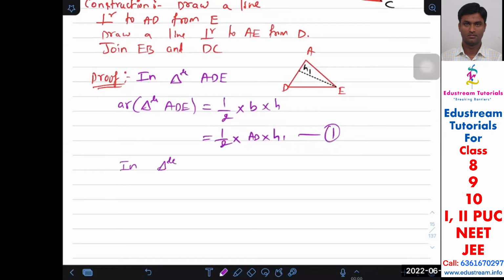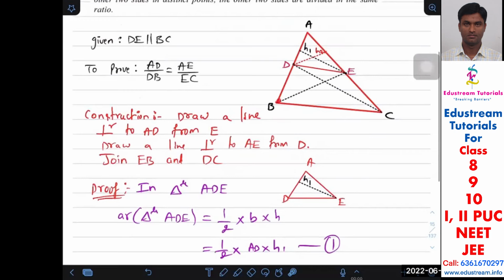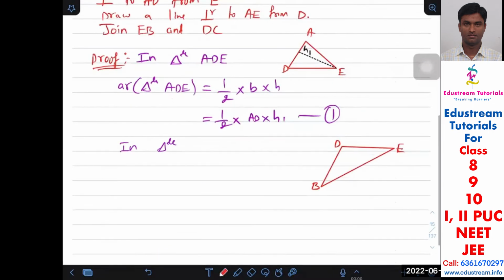Next, in triangle BDE, because we need DB. So we'll take this DB or BD. In triangle BDE, area of triangle BDE is equal to half into base.